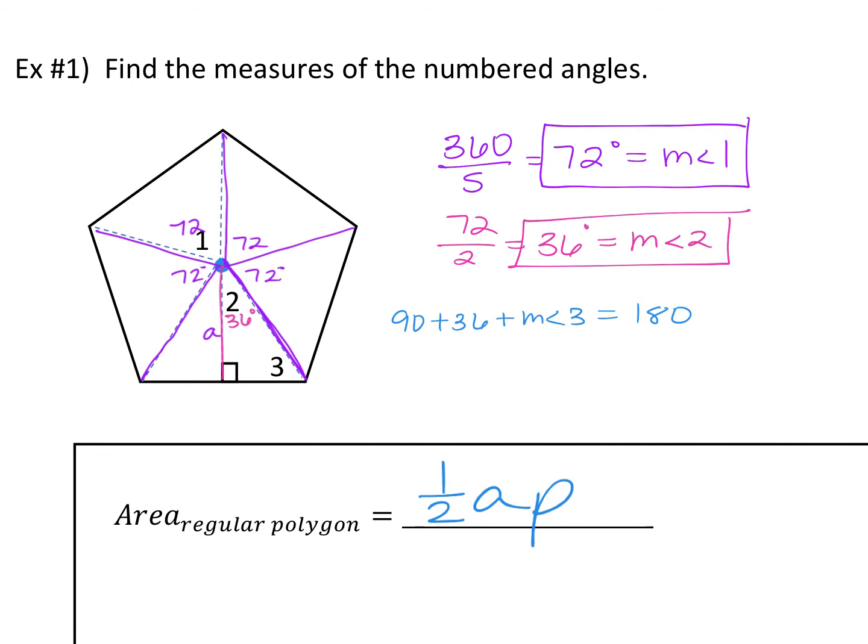So if I just subtract 126 from both sides, I get that the measure of angle 3 is 54 degrees. Okay, so you should be able to find those angles. You've done that before, that's not new. You're gonna end up using that idea to find the things we need from a regular polygon.